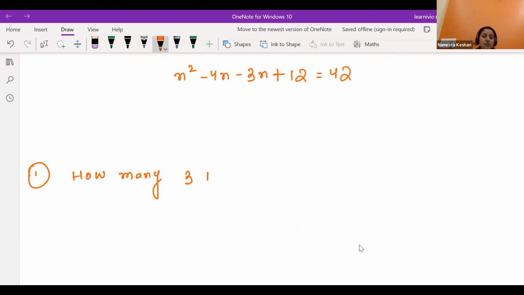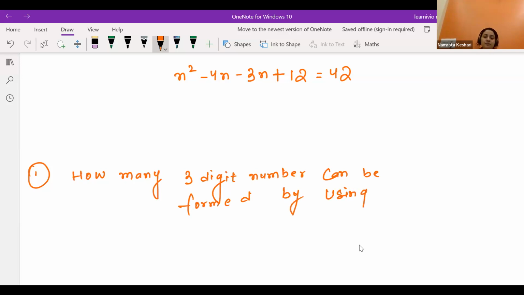How many three-digit numbers can be formed by using digits 1 to 9 if repetition is not allowed? Okay.